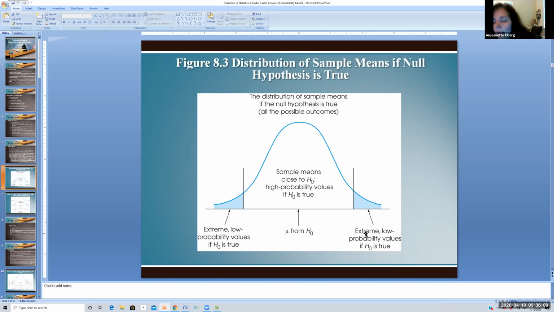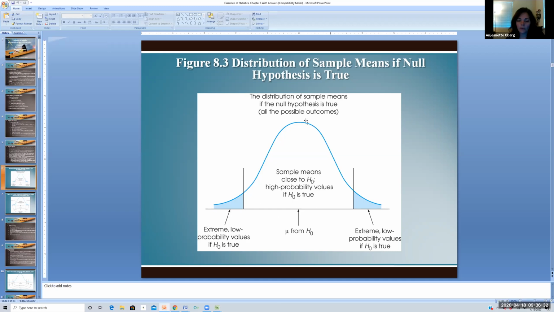hypothesis testing, what we're really trying to figure out is, do our statistics fall in the critical region? If they fall in the critical region, that tells us that our alternate hypothesis is most likely correct and our null hypothesis is most likely wrong. So the null hypothesis is assuming that there are no differences.